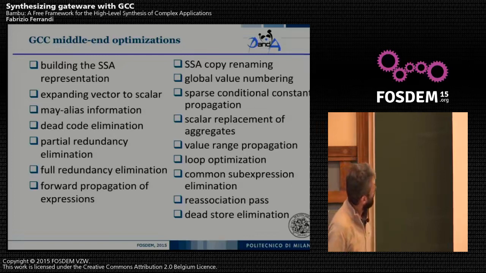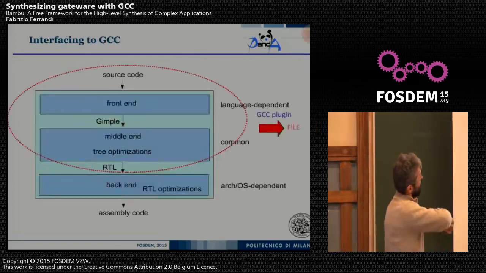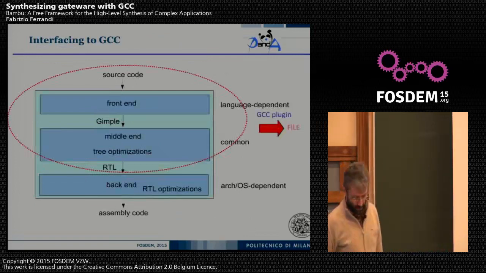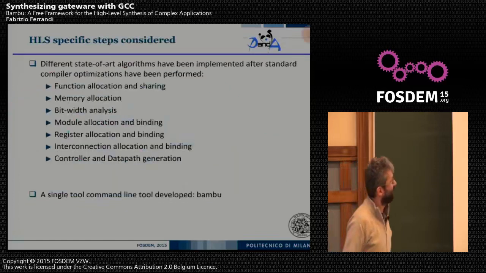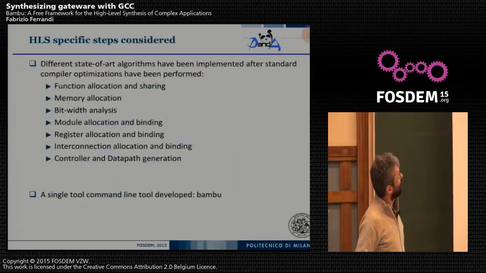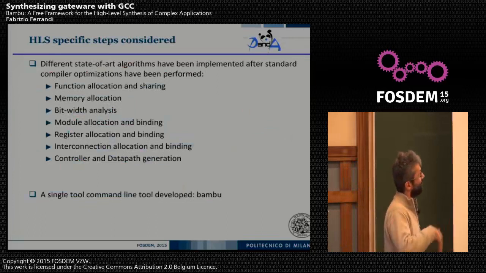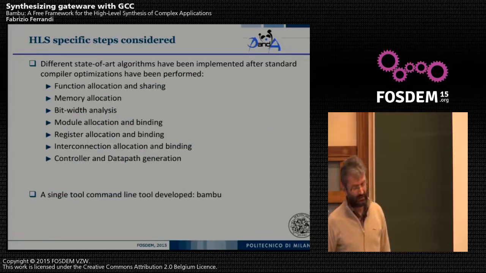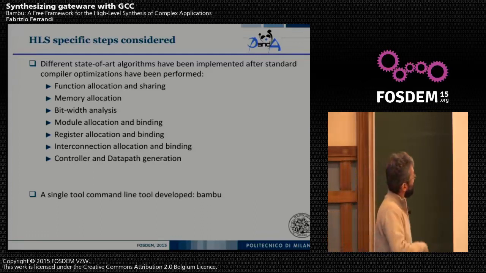So we developed a plugin that extracts such middle intermediate representation and serializes it in a file, and then we build over this intermediate representation all the things needed in order to optimize and generate the hardware. I mean, there is function allocation, sharing, memory allocation.